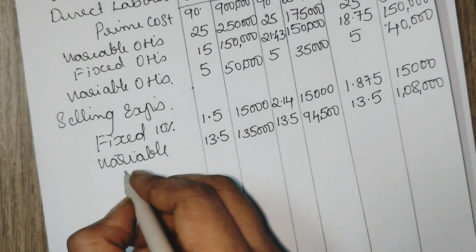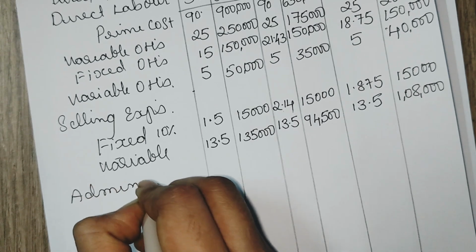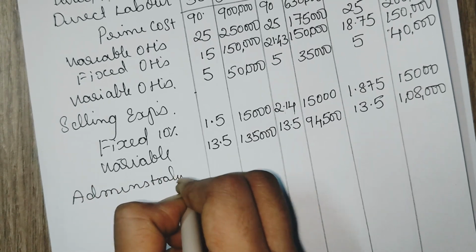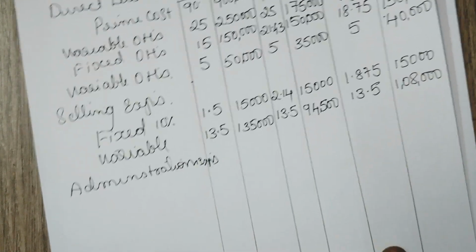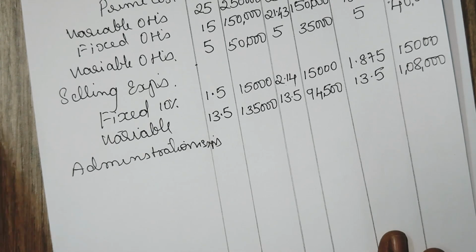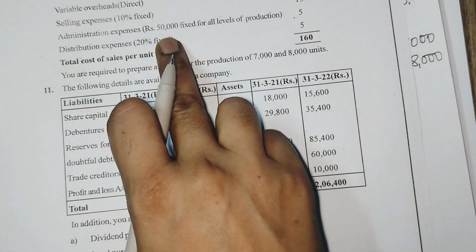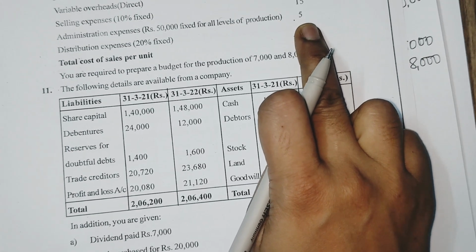The next is administration expenses. Administration expenses, 50,000 is fixed for all the levels of production. The amount is given and per unit is given as 5.